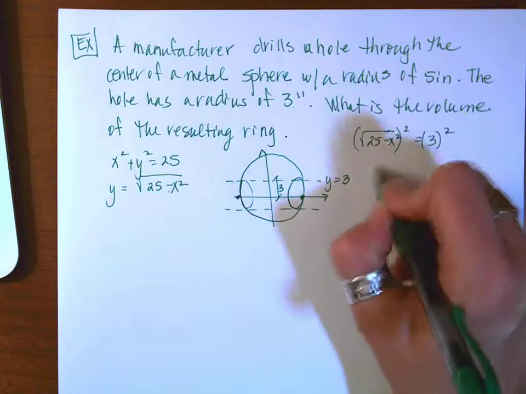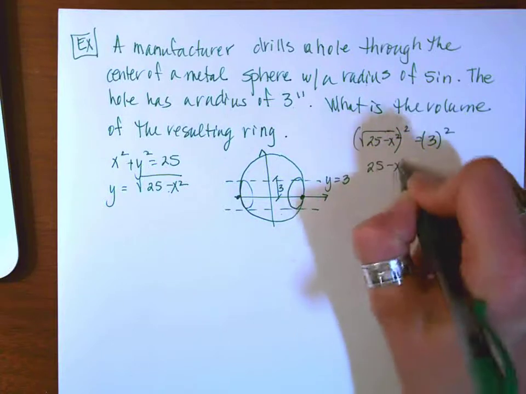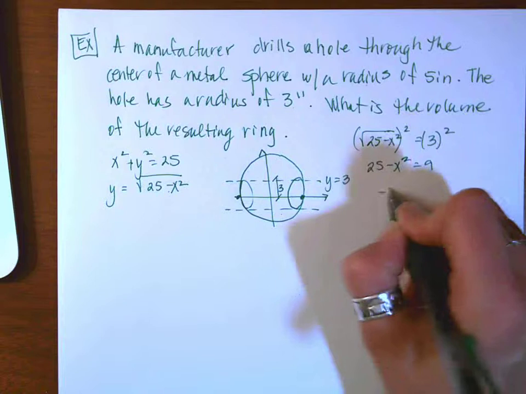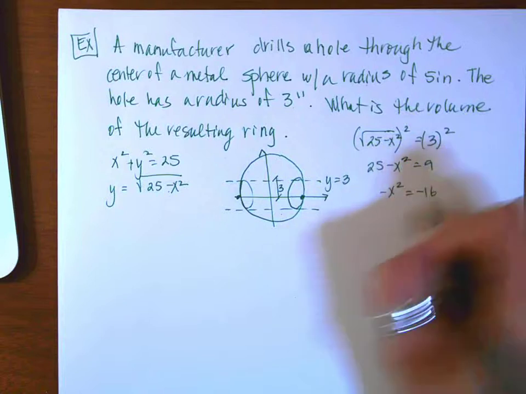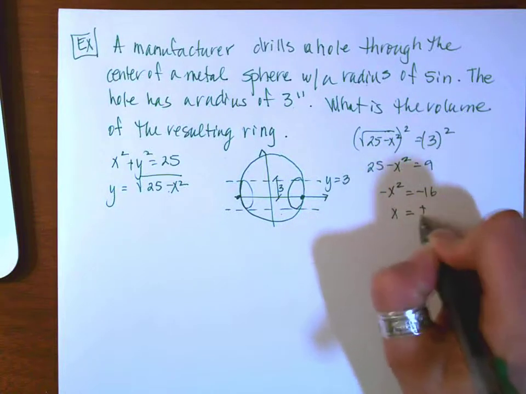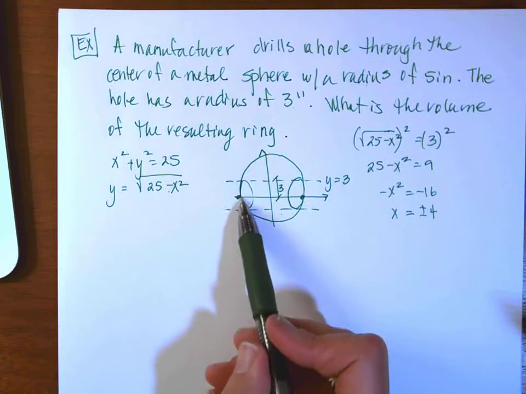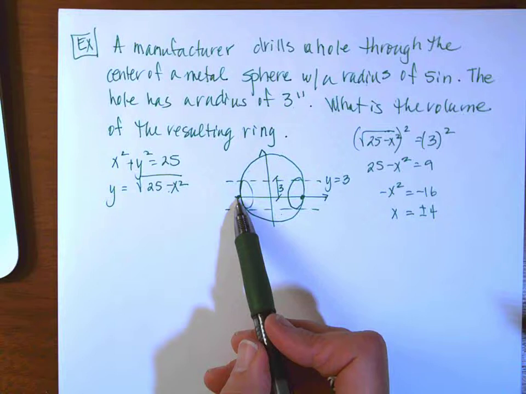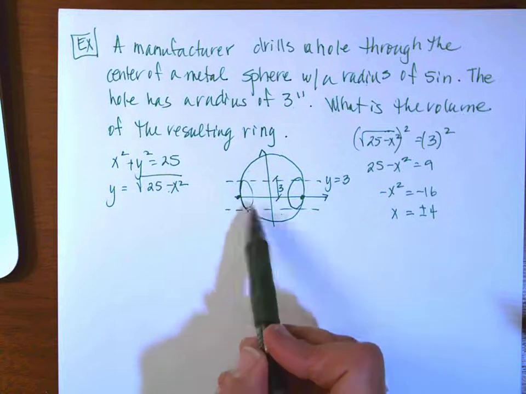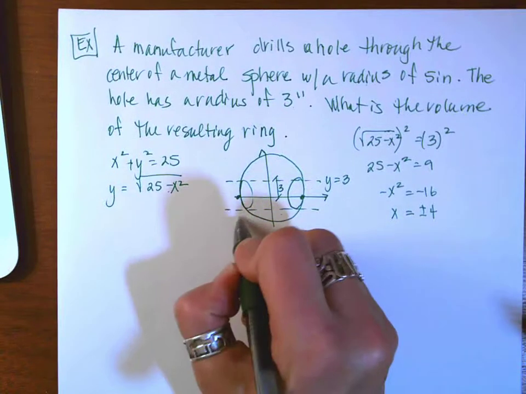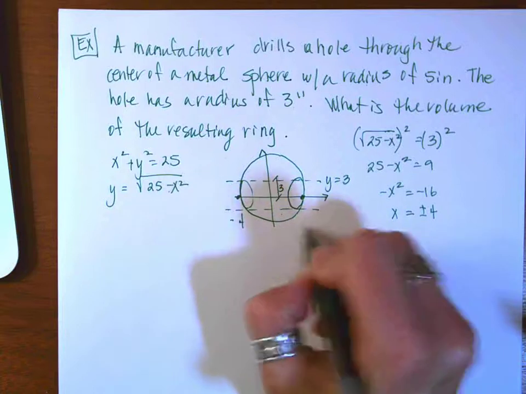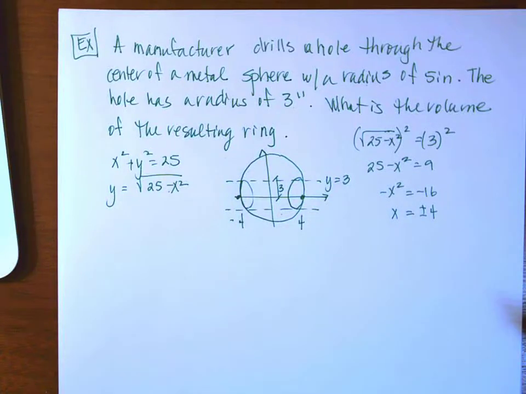I'm going to solve for x, so I'm going to square both sides, and I'm going to get 25 minus x squared is 9. A negative x squared is a negative 16, and then x is going to equal plus or minus 4. So even though it would appear that this would be integrated all the way out to 5, we're actually going to integrate from plus or minus 4. So this is going to be a negative 4, and then this is going to be a positive 4.